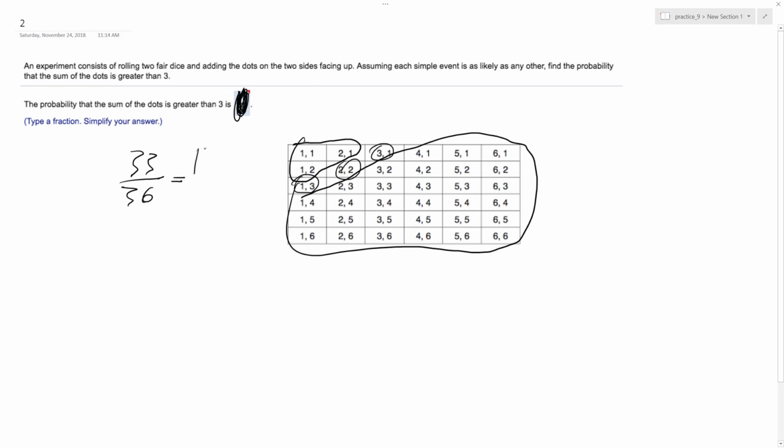So if you remove 11, actually it's not 11. Sorry, greatest common factor is going to be 3. So our chances are 11 out of 12 times we'll get a number. The sum will be greater than 3.